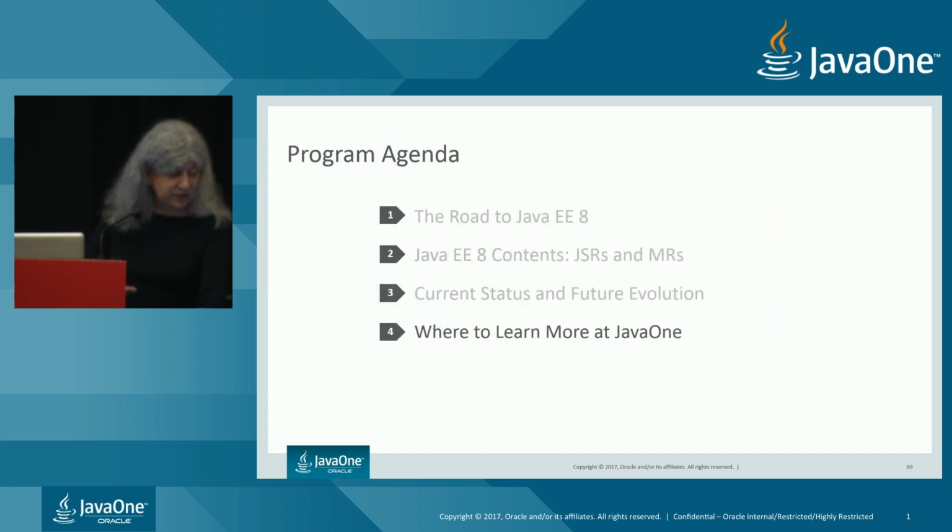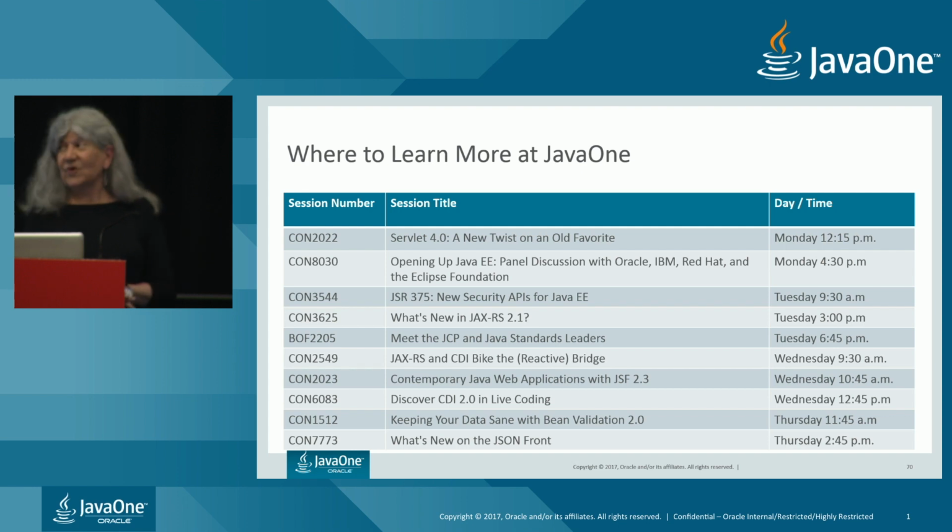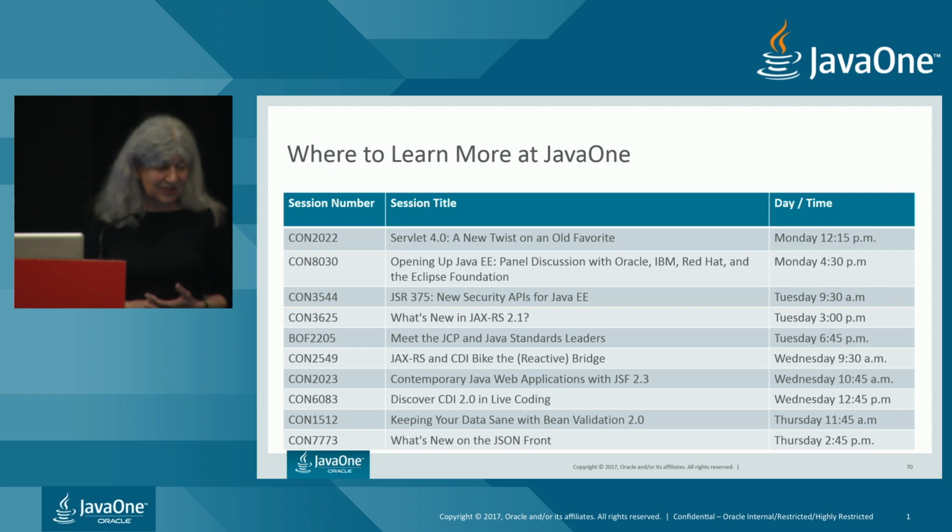So I'm just going to leave you with a couple of pointers here where you can learn more. If you want to stay in this room, I noticed that Ed Burns, who is one of our spec leads for the Servlet API, and Xinhui Chen have just come in. So they're going to be talking here about Servlet 4.0, if that's what interests you.